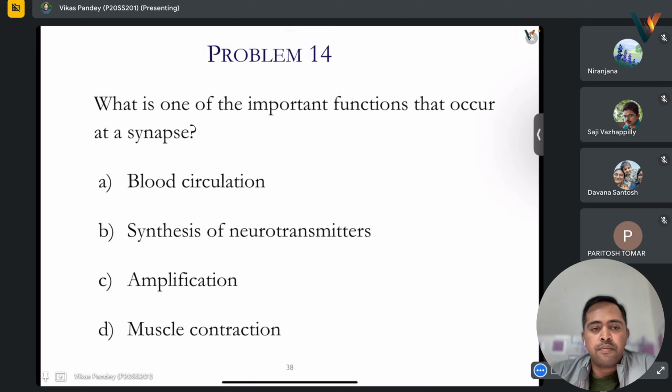Synthesis of neurotransmitters, right? Synthesis is not saying generation, it is saying synthesis.